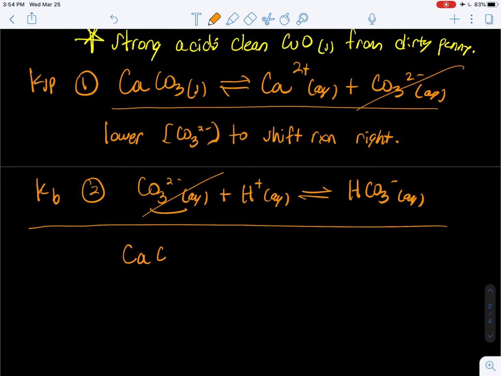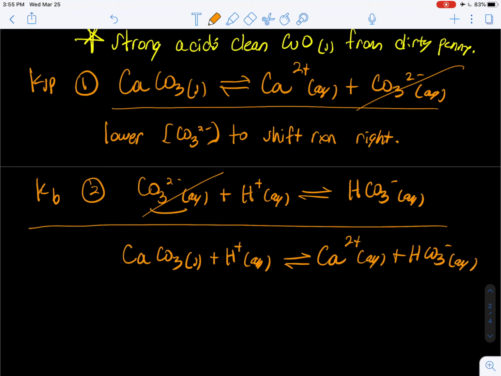Calcium carbonate plus H plus is in equilibrium with calcium ion concentration and bicarbonate ion concentration. Okay, and the equilibrium constant for this one, we apply the product rule, is going to be the KSP times the KB.